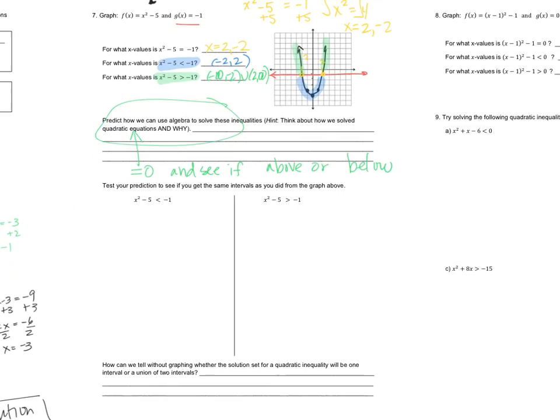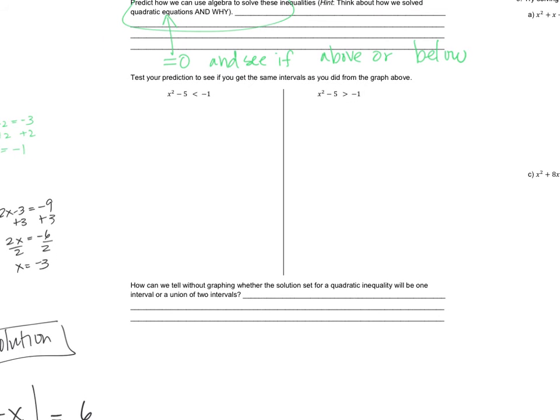So it has a setup for us right here to do it without the graph, but I'm still going to picture, when is x squared minus 5 equal to -1? And so we get that x squared is 4, and that happens when x is 2 and -2. So to solve both of these, I'm going to imagine that I have my graph of my parabola, and I want to see, this is -2 and this is 2.